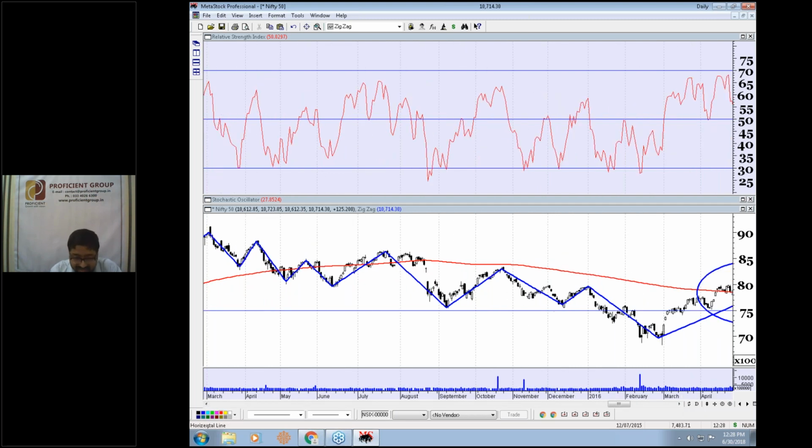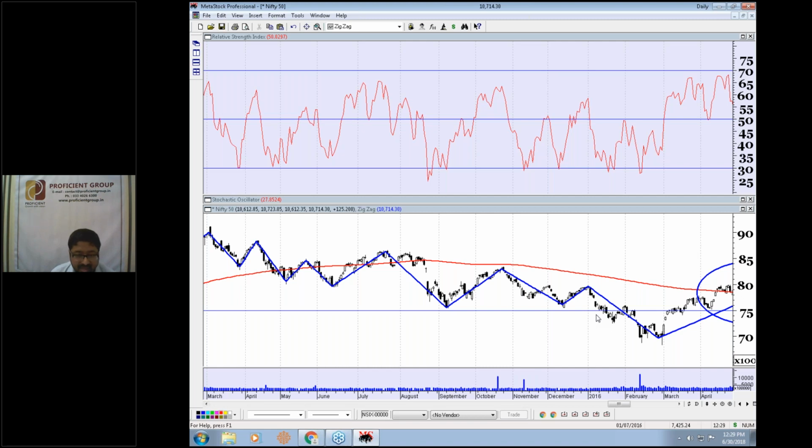And during the entire bear market phase, prices kept on making lower tops and lower bottoms, even below the 200-day moving averages. So both these signals were confirming that prices should be below the important moving averages, which is the 200-day moving average, and the series of lower bottoms will be visible in the chart.